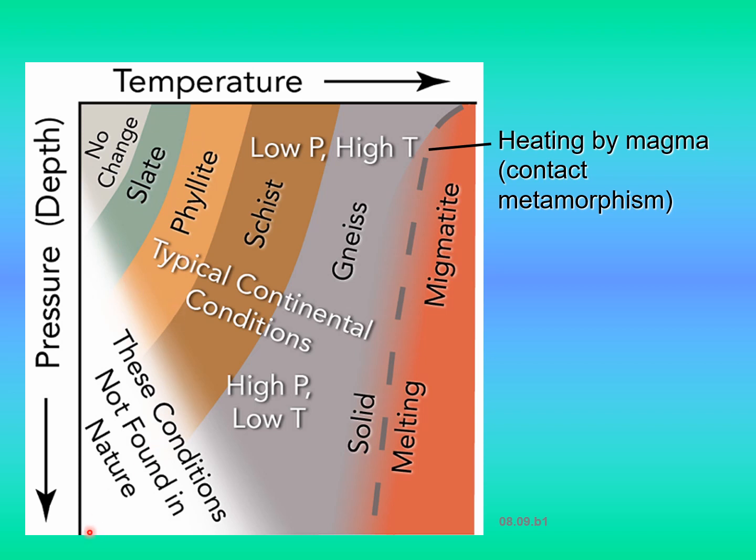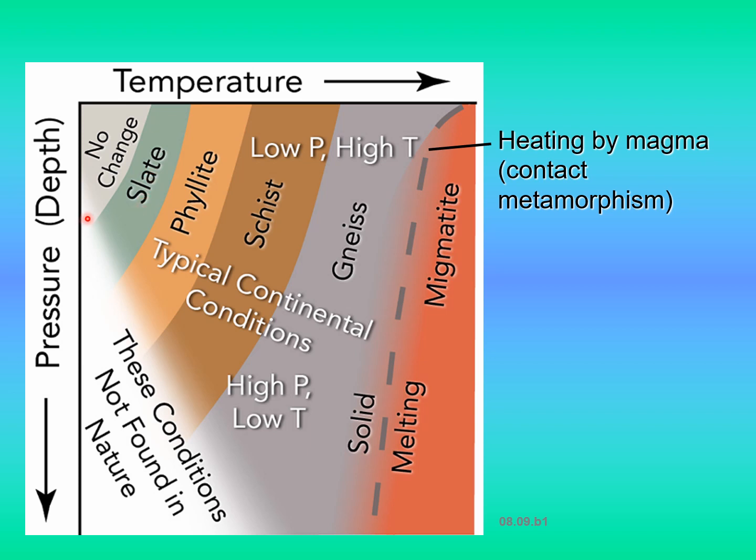So notice, if we were down here, if we were at this pressure, right? So this is a definite depth in the crust. Things have to heat up quite a bit in the rock before we get to a metamorphic rock. And when we do, we jump right to a gneiss. So that's why gneisses are formed very, very deep in the earth and not slates, let's say.